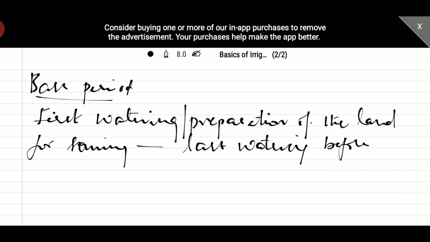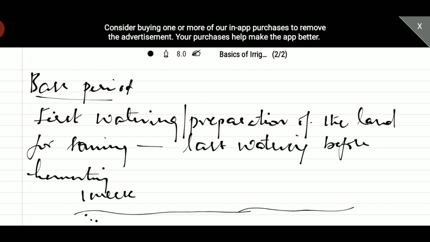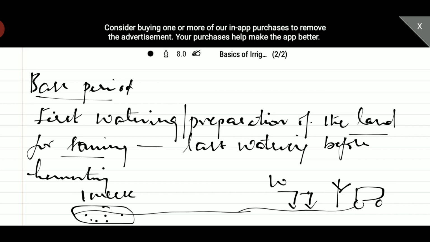That means if I consider a duration, on the first week I will prepare the land for sowing conditions. So from that day one, and before harvesting, by using some machinery I will give some watering to the plant.